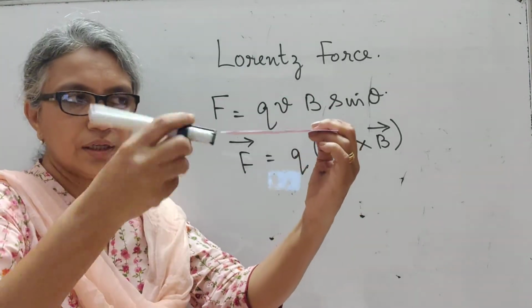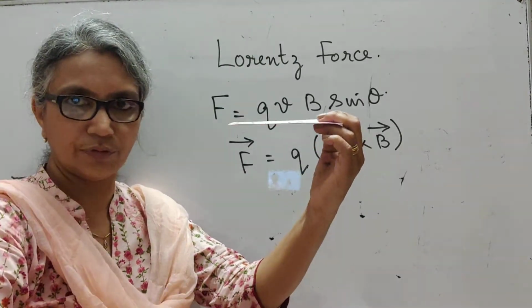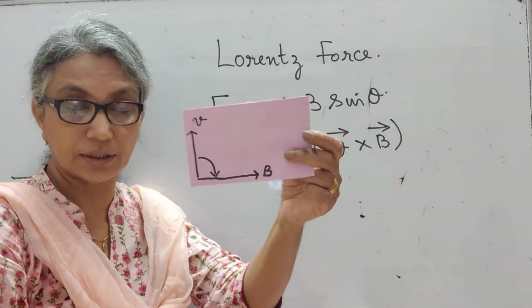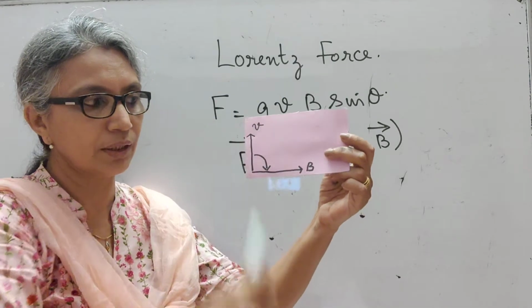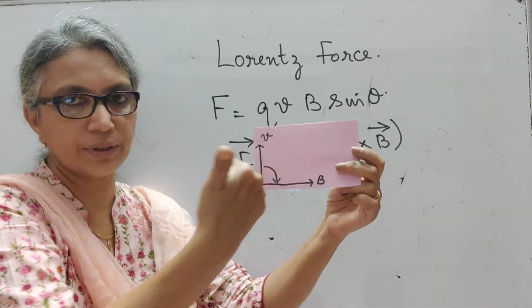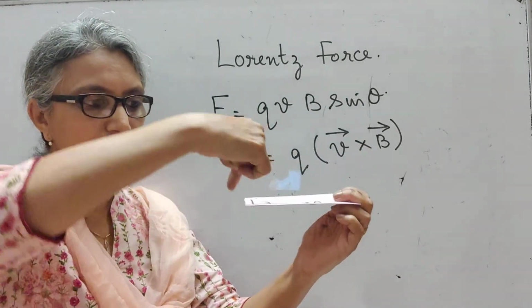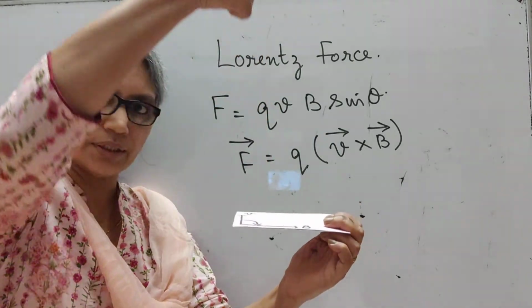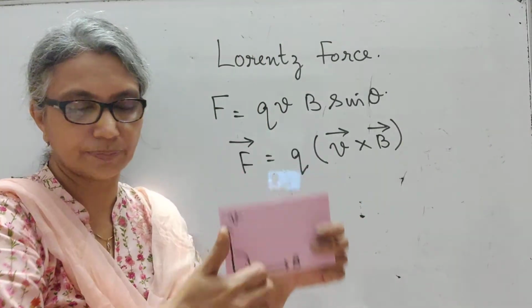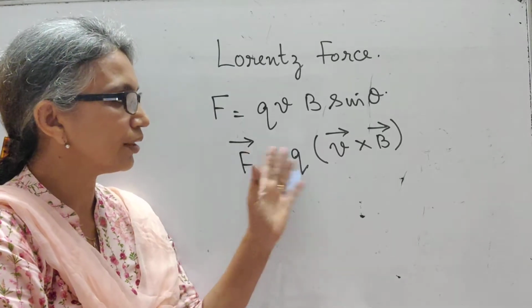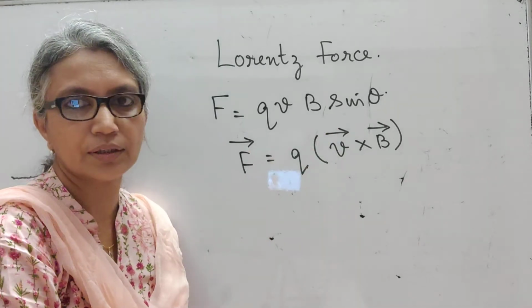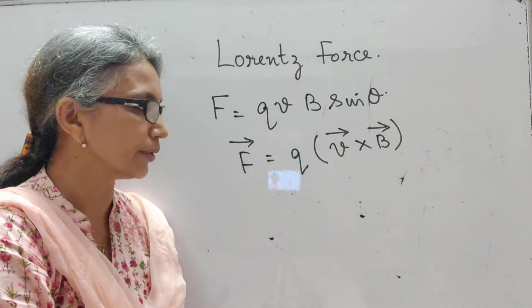So if it's like this, your V cross B is inward force like this. Okay, in this particular case. If you had B here and B here, then V cross B would have been an outward force. Or V cross B would have anti-clockwise turn, means upwards or outwards. Okay, so that's why I said this is slightly more complicated than the electric force that we learned.